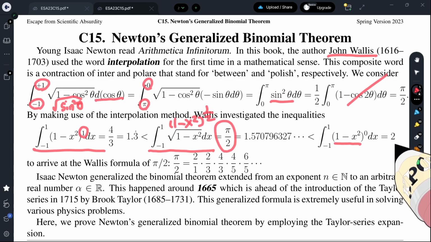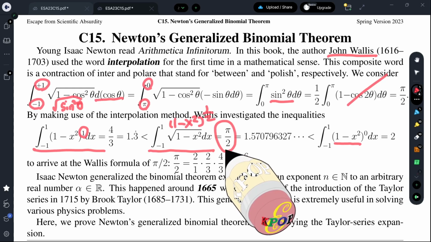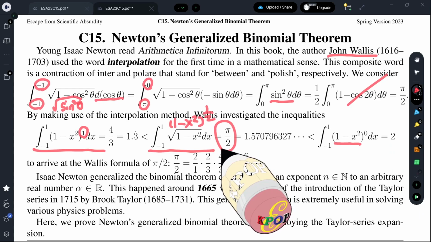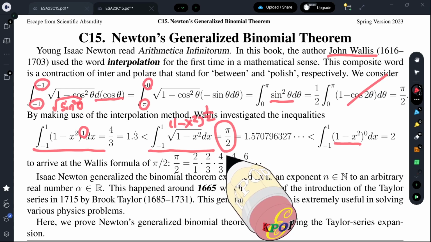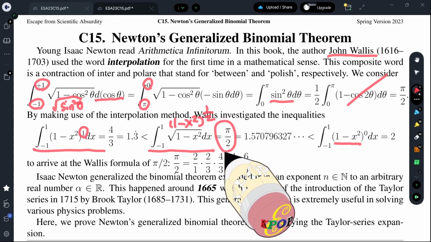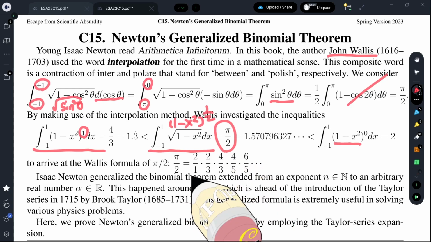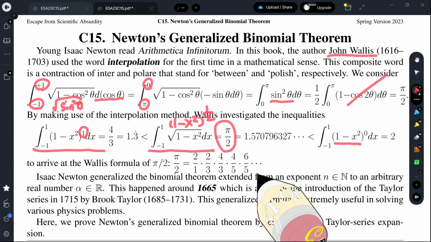In addition, using the relation, he guessed the exact value, not the exact value but an approximate value that converges to this exact value arbitrarily closely, and he introduced this infinite product to represent 1/2 of pi, developed from these trivial inequalities.